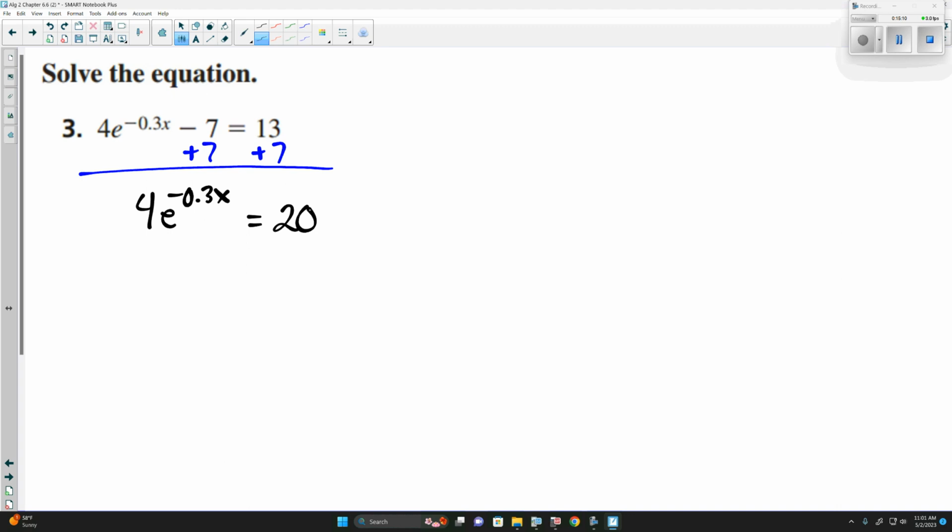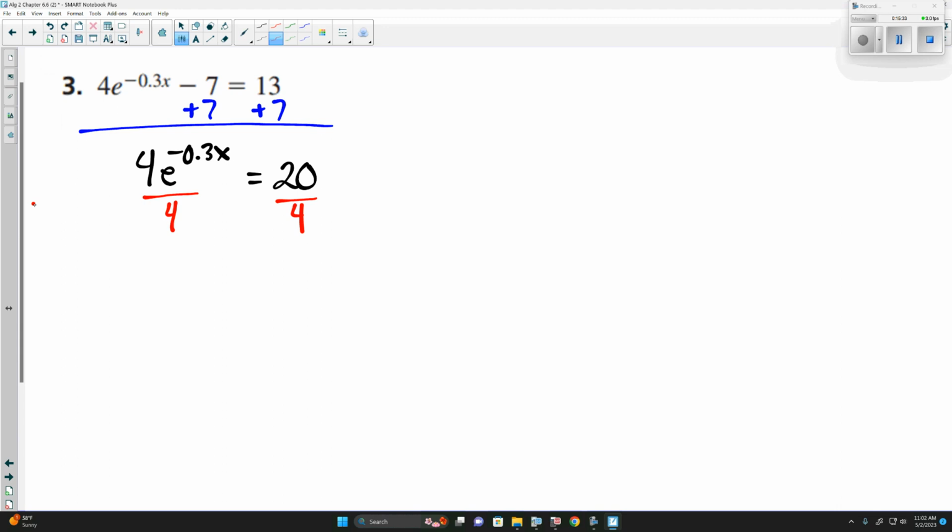What can we do next? So 4 and e, how can we get rid of the 4? We can divide both sides by 4. And if we divide both sides by 4, we get e to the negative 0.3x is equal to 5.